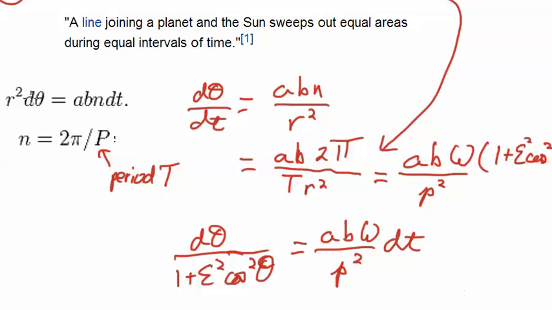I basically took this formula and solved it for d theta dt, and then I plugged in the value they gave for n, which was 2 pi over p. Changed the p to a t for period.